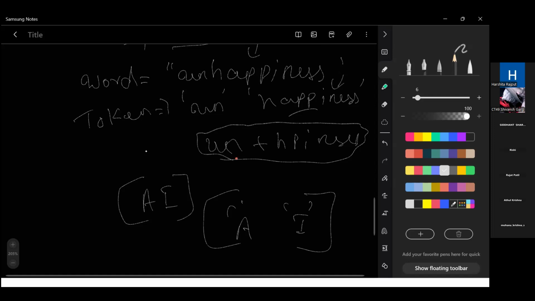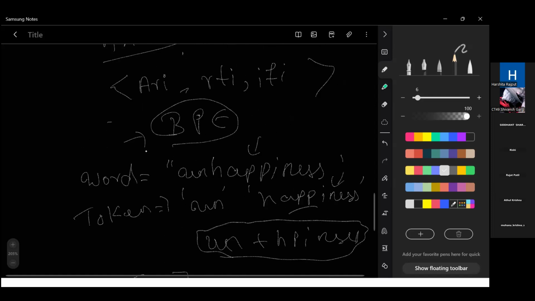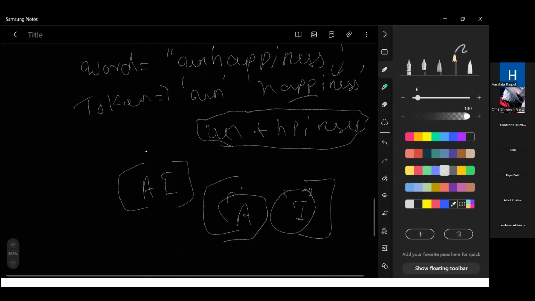If I tokenize AI, the meaning changes. So how can I avoid losing this word's meaning? For that purpose this kind of scenario helps us, and it will give more accurate results.